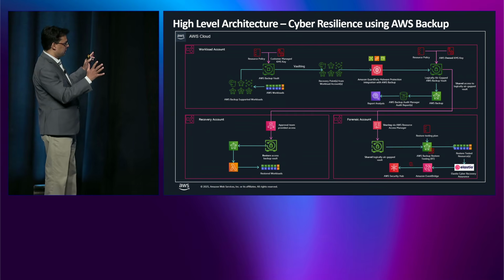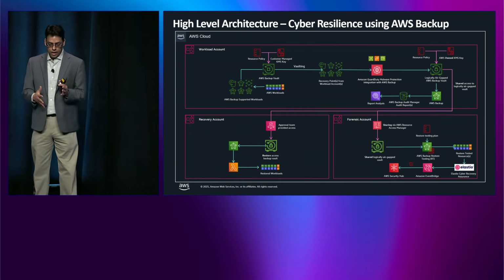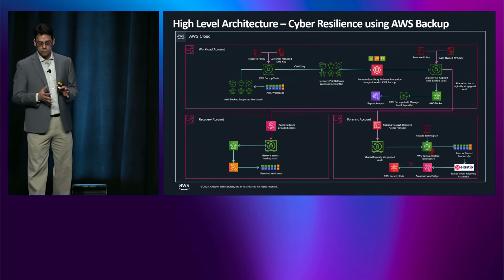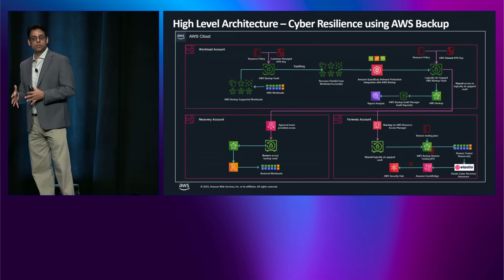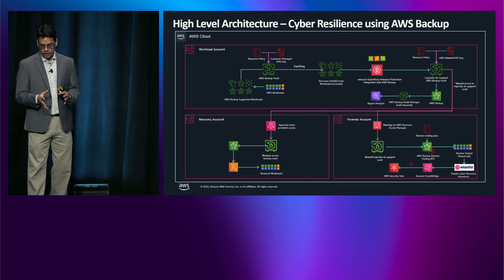So the way this model looks like is that you have your workload accounts where you have your resources, you regularly take your backups in your backup vault, you scan them for any kinds of malware for the resources we support, and then you isolate and protect them in air gap vault.